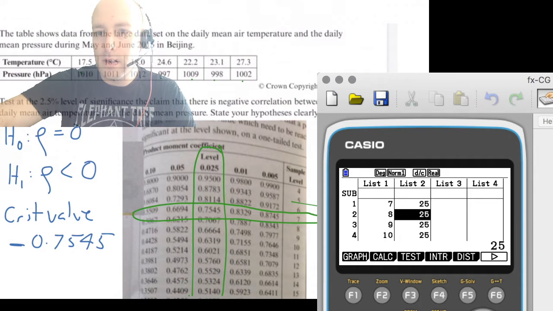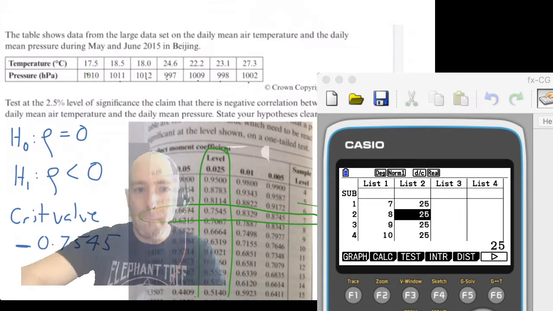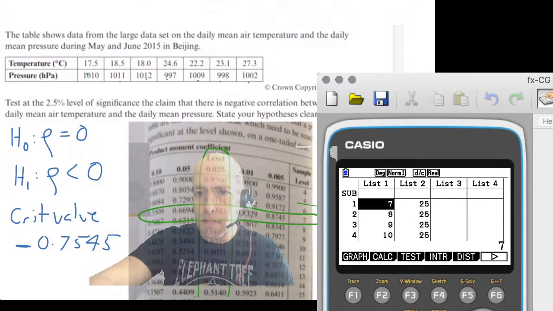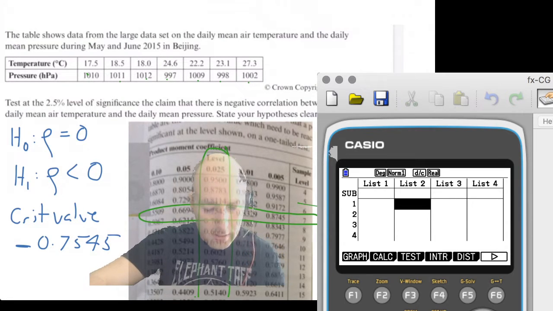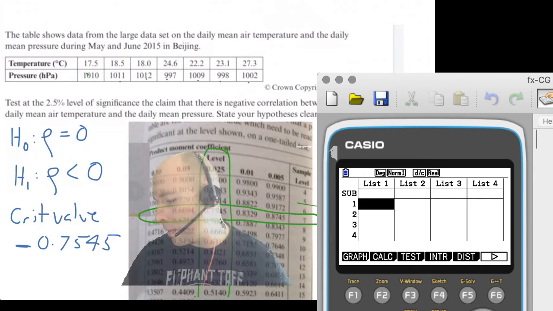And we need to type in some data. So I'm going to get out the way. Cool. So what we got? 17.5. Okay, we need to work out which is x. Normally x is on top, but let's double check.